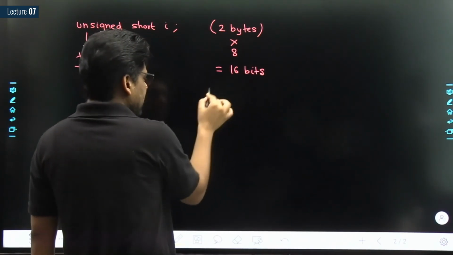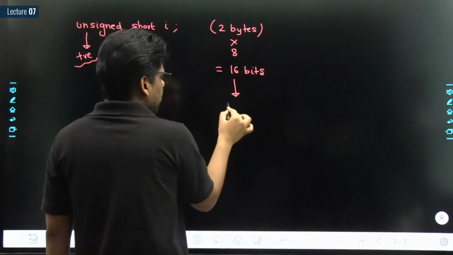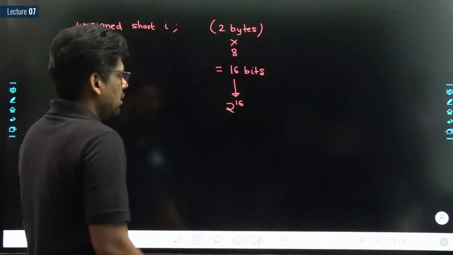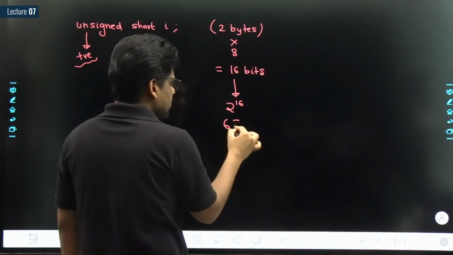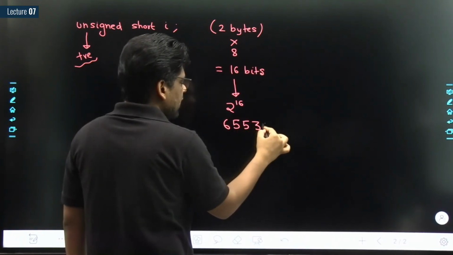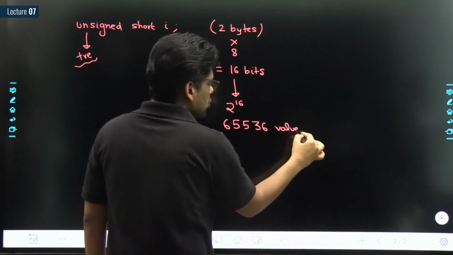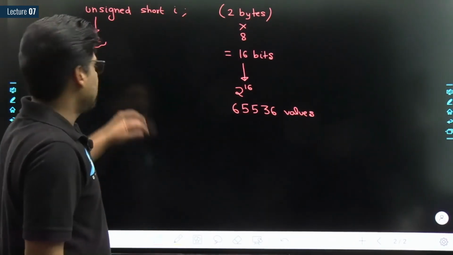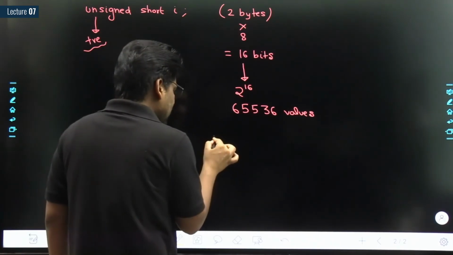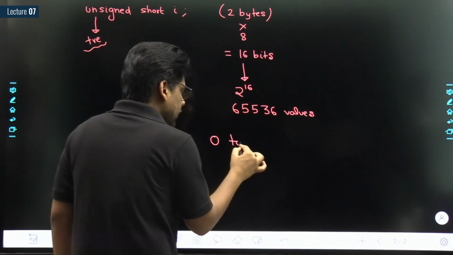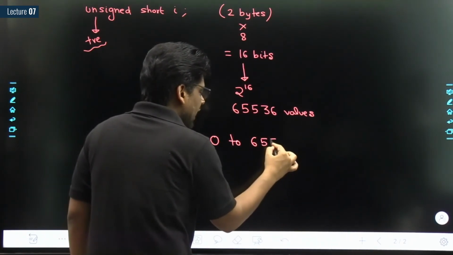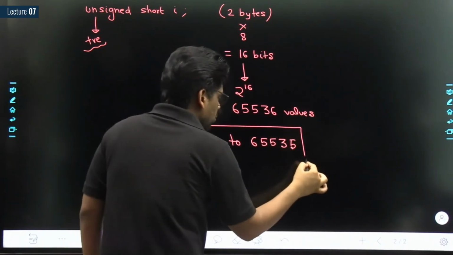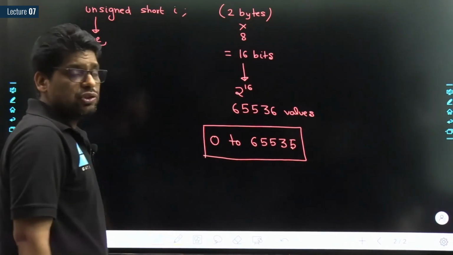Sir, with 16 bits, how many total possible values can be formed? 2 to the power 16. How much is this? Sir, 65536 values can be there. But since positive, if I start the counting from 0, then it goes till 65535.